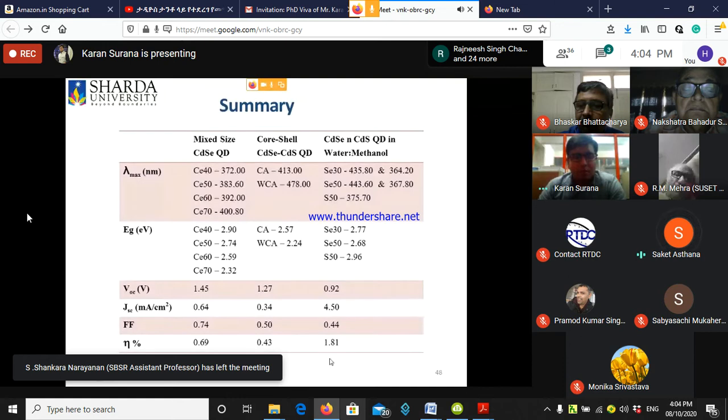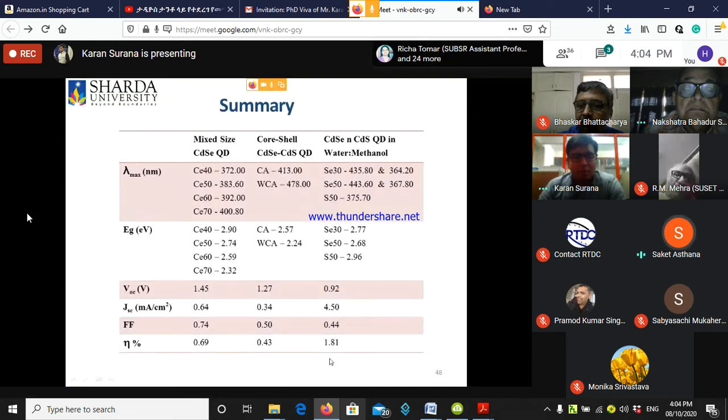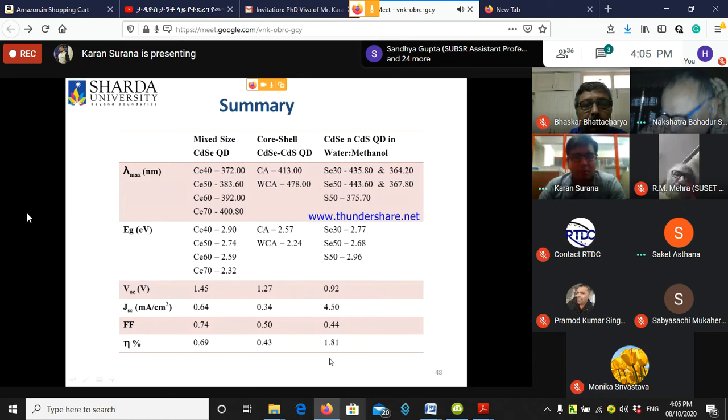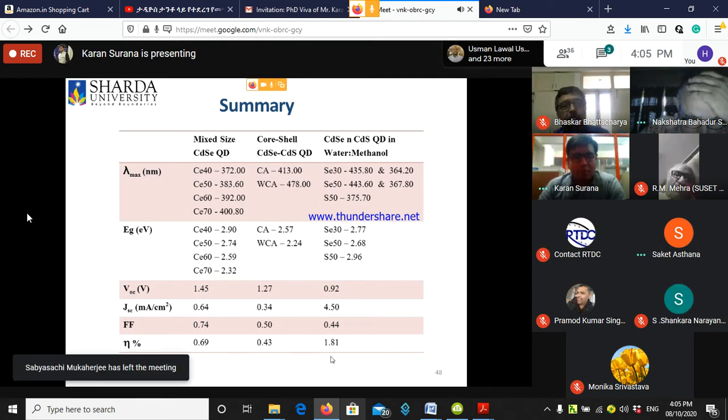Sure, that is good. And then, you were mentioning that you have estimated the size through the X-ray diffraction, and then you have compared it to the TEM analysis also. So from the TEM, what kind of sizes are you getting?